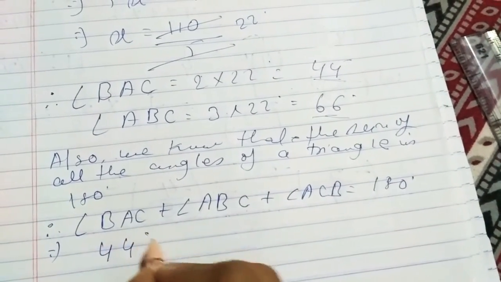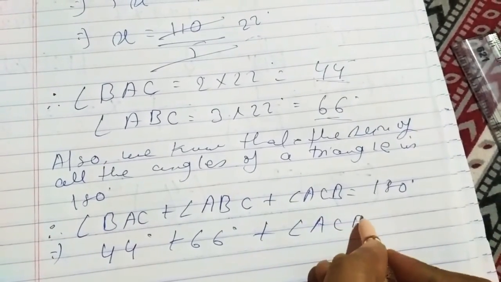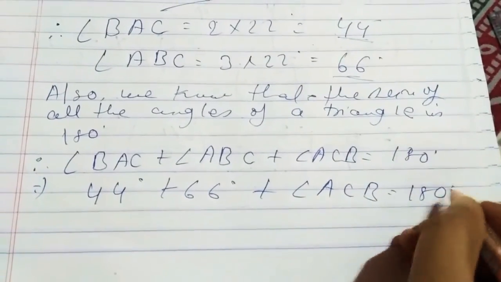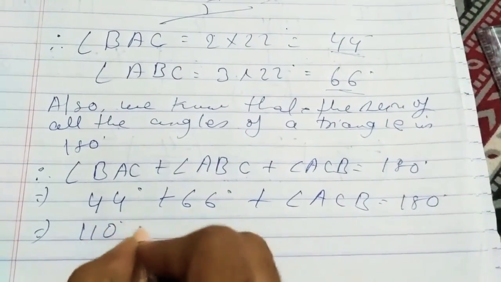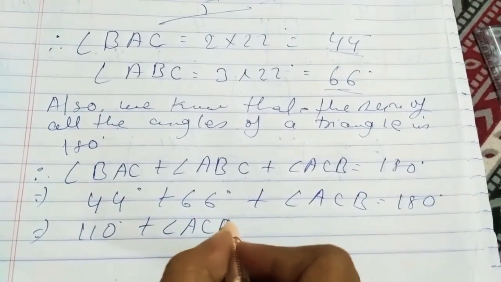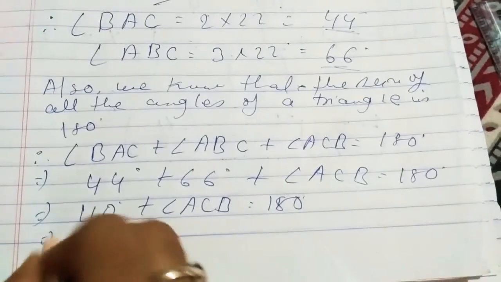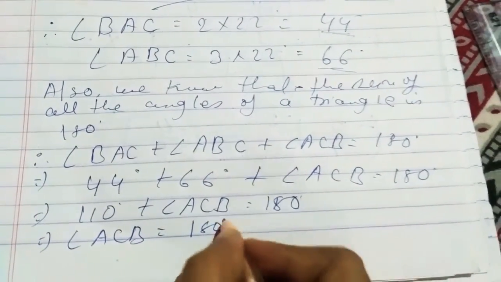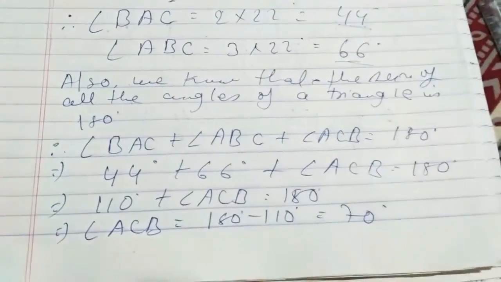So 44 degree, 66 degree plus angle ACB equal to 180. Add both of the angles, so 110 plus ACB equal to 180 degree. Now angle ACB is 180 minus 110, 70 degree.